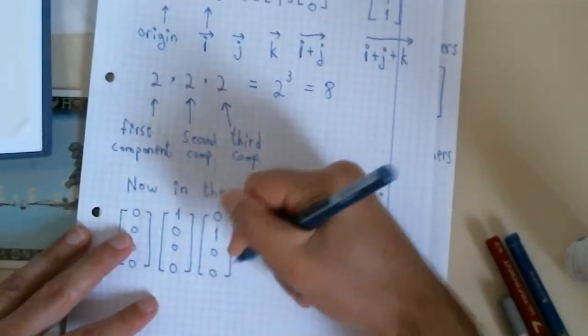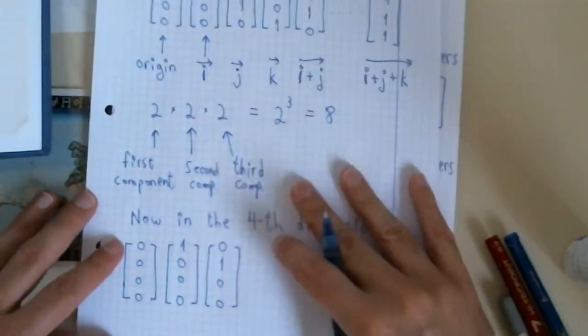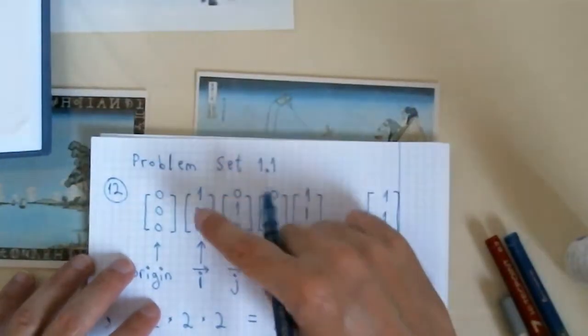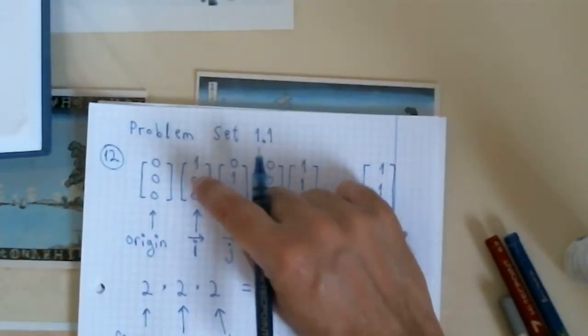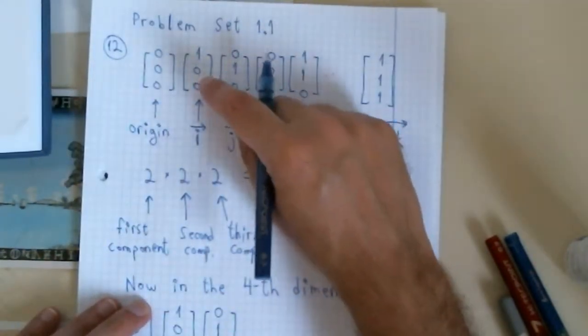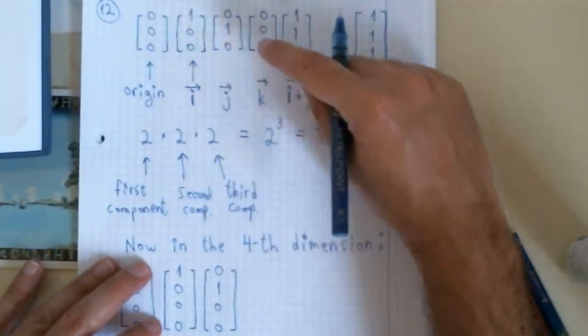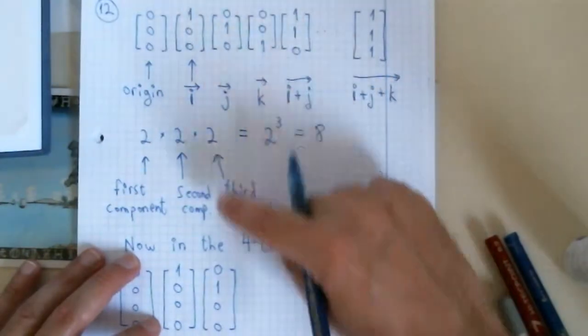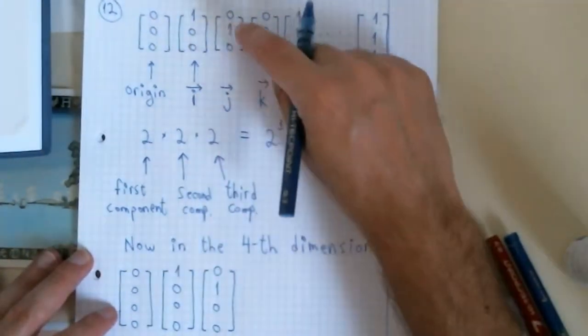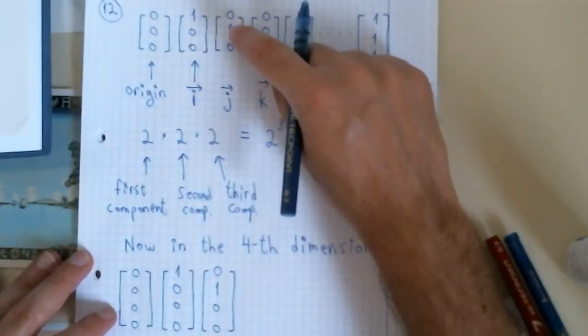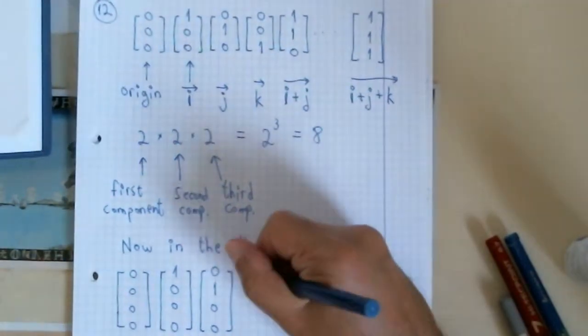Just like before, but with 4 components. This is equivalent to I. And this is equivalent to J: the 1 is in the second component and all the rest are 0. And so on.